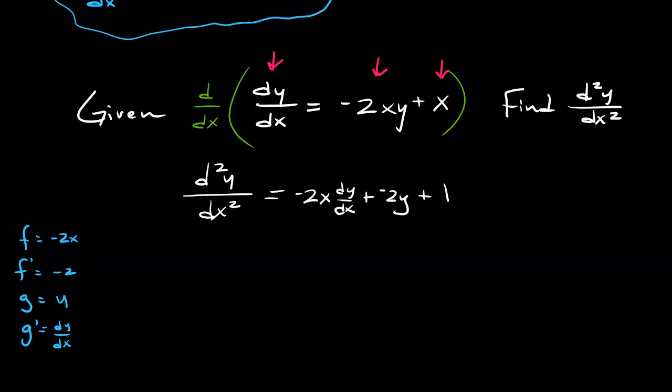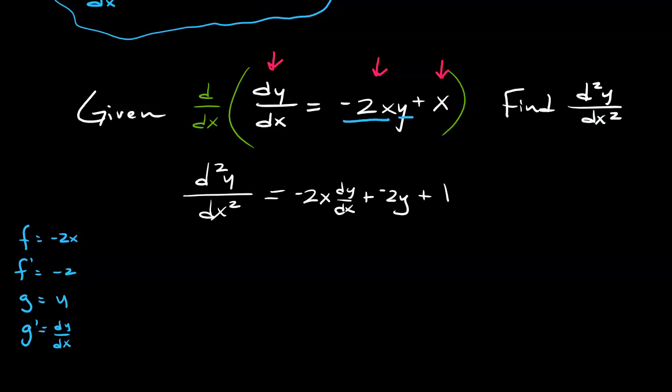I grouped together negative 2x as f, and then I did y as g. You don't have to do it that way. There are different ways to view it, but I've found in the past most students feel this is the easiest.